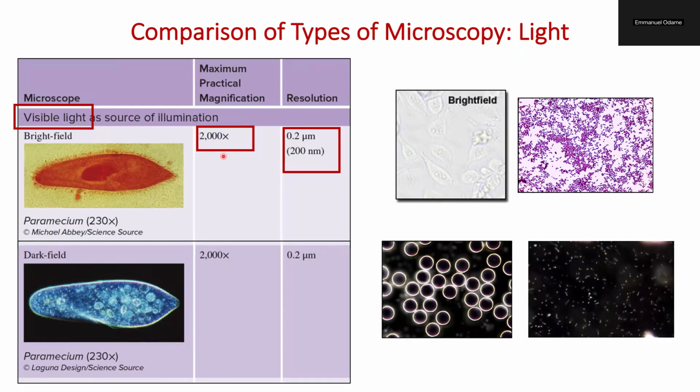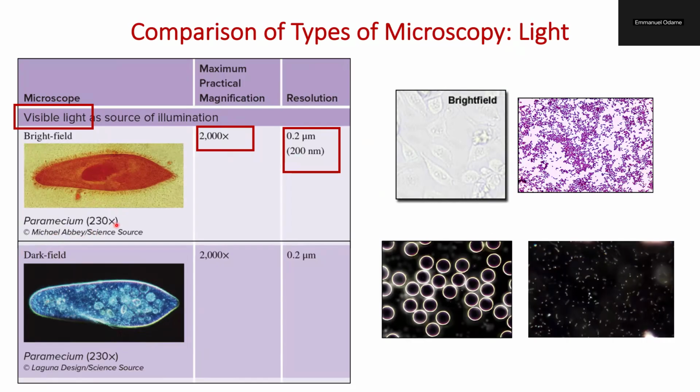It uses just visible light as source of illumination. You don't need a different source of light. And then here we have the bright field. As you can see, it lets you see the organism as it is. This is an example of paramecium.